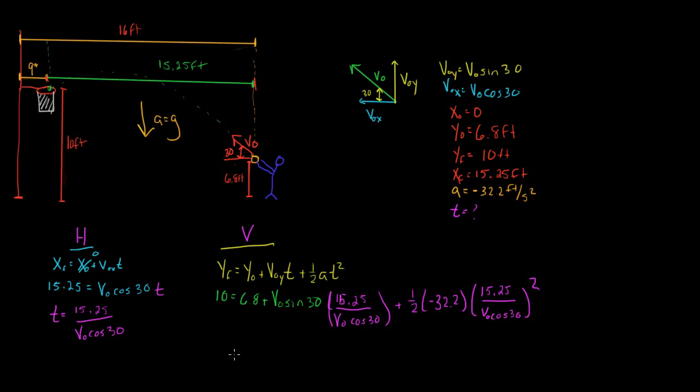I'm going to simplify it up a bit, and when I do that, I get 10 is equal to 6.8 plus, this v0 cancels with this v0, I get a tangent of 30 because of sine of 30 over cosine of 30, so 15.25 tangent of 30, plus 1/2 times minus 32.2 times 232.56 over v0 squared cosine of 30 squared.